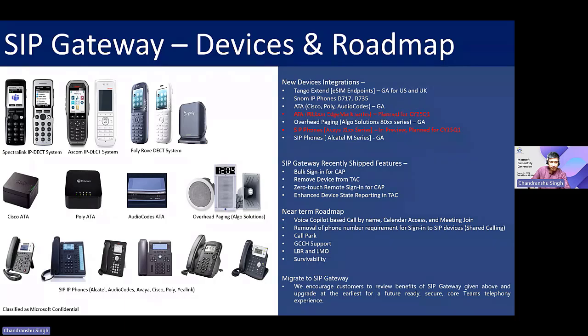Now, since we started, we've added a bit more on the device enablement side. So now our compatible devices portfolio is a lot larger, and we have devices across multiple categories. So if I could just say off the top of my head, we have IP phones across 6 or 7 different OEMs. We have DECT across 4 OEMs. We have ATAs and voice gateways from 3 OEMs.